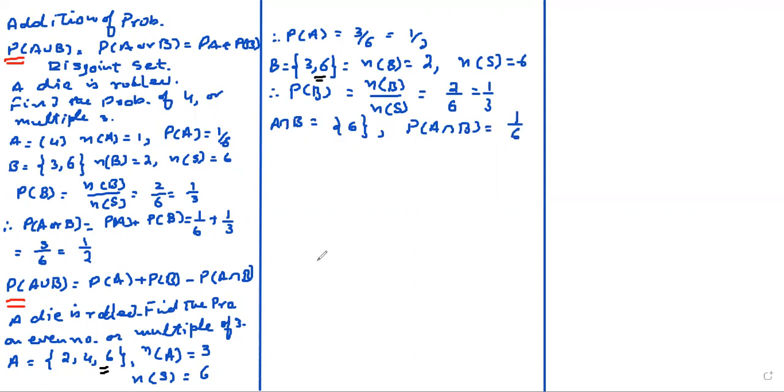So now what we have to do, we have to add these two probabilities and subtract the joint occurrence.